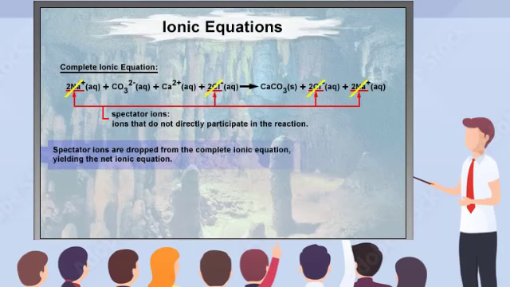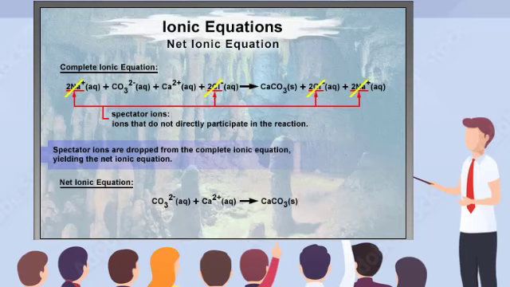By dropping the spectator ions from the complete ionic equation, you are left with the net ionic equation. In net ionic equations, only the ions directly involved in the reaction are written. Since the chloride and sodium ions are spectator ions, they are dropped from the complete ionic equation, which results in this net ionic equation.